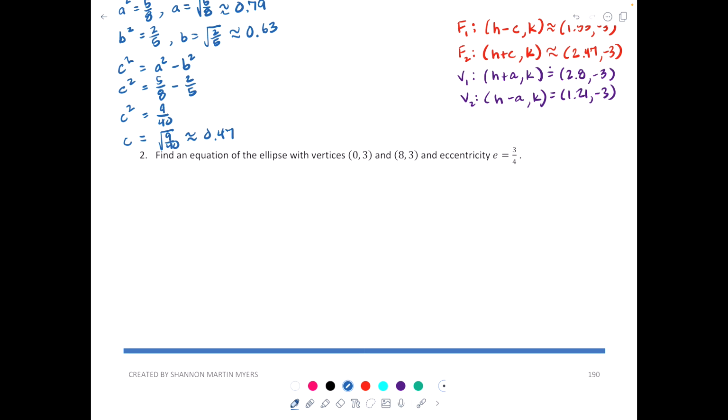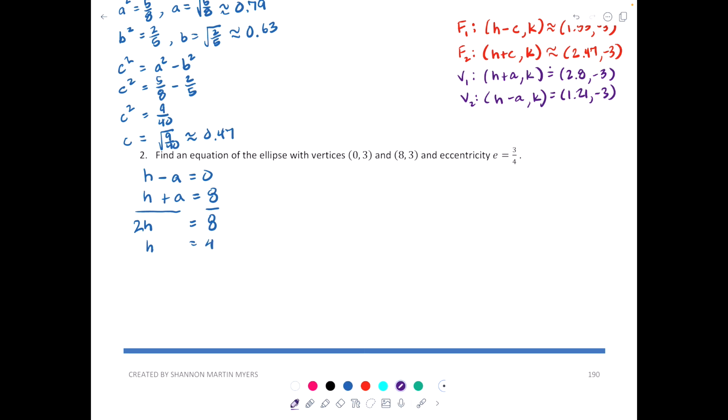So we have vertices. So we have H minus A equals 0, and H plus A equals 8. So when I add those two together, I'll get 2H, the A is 0 out, equals 8. And so H is 4.